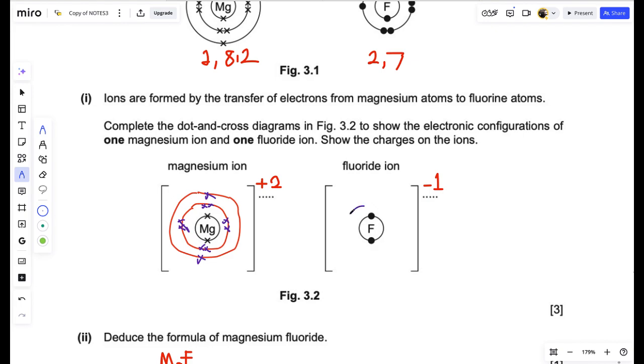So we do the second one. This one has 8, and here has 7.